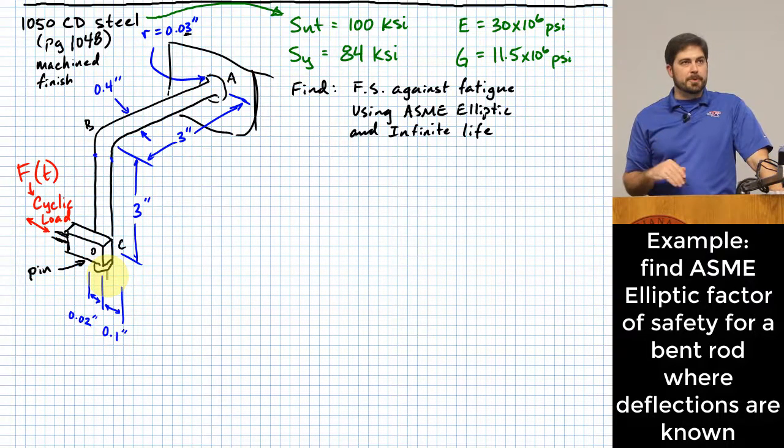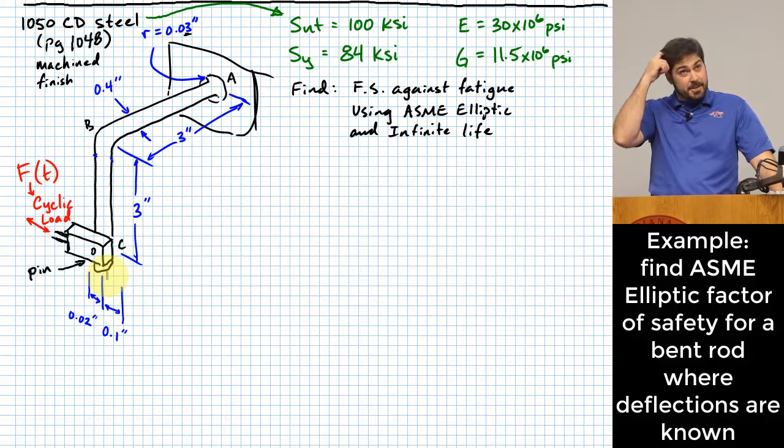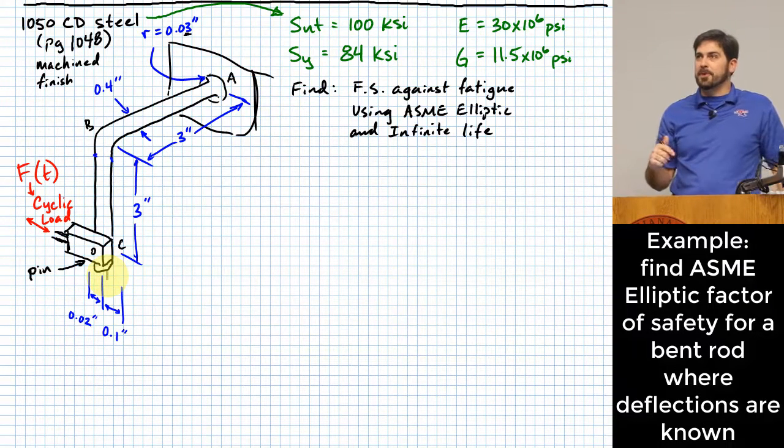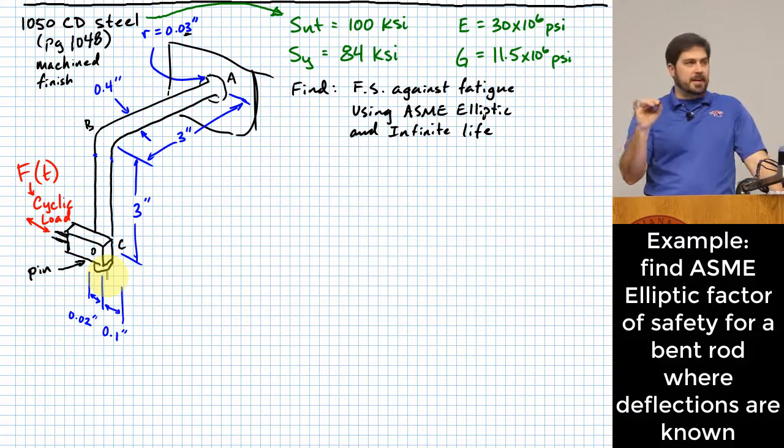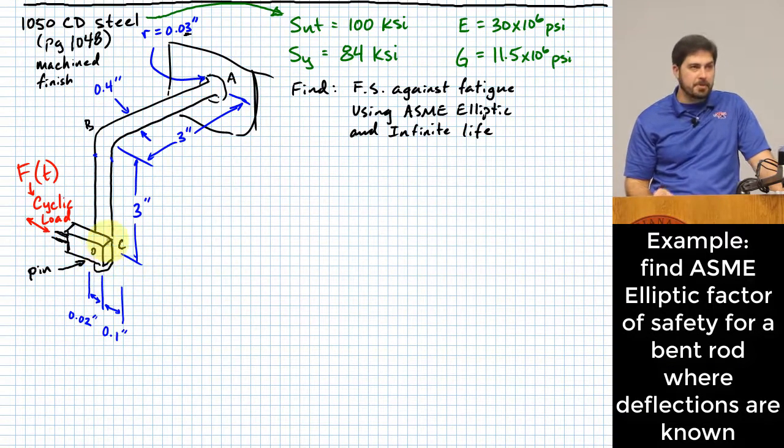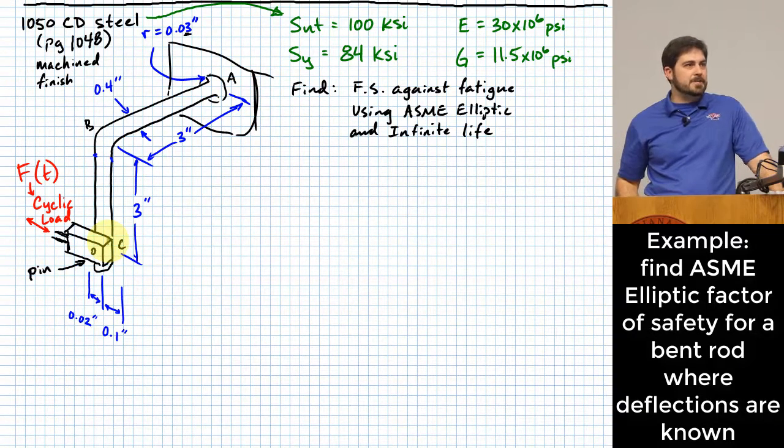By the way, this is actually not an uncommon thing to do in real life. Set up something like a dial caliper, or a dial indicator rather, such that you are watching how far some little part of a piece of machinery might deflect in response to the loads that are being applied within it.